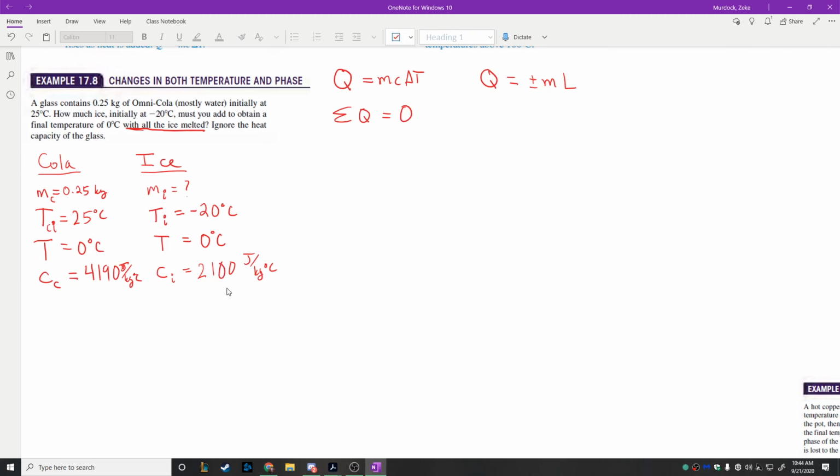So our goal here is to figure out how much ice, right? So we want to find what the mass of the ice is. This is our goal right here. Let's just solve for this. Do you guys want to take like 5 to 10 minutes and try that out? See if you can at least set up the equations and try to solve for what the mass of the ice is in this case.